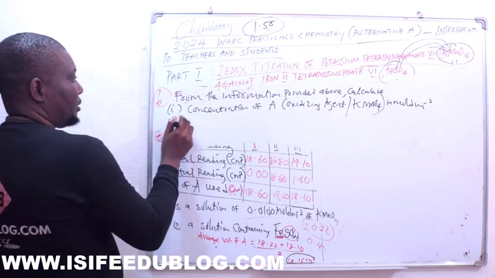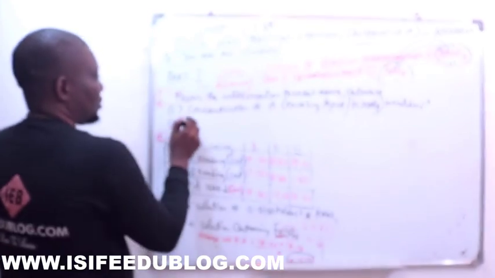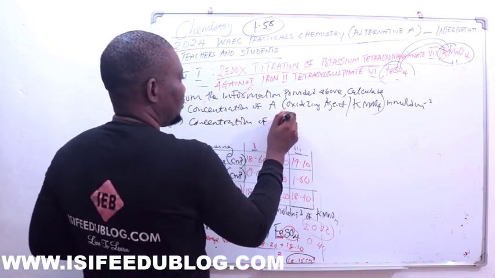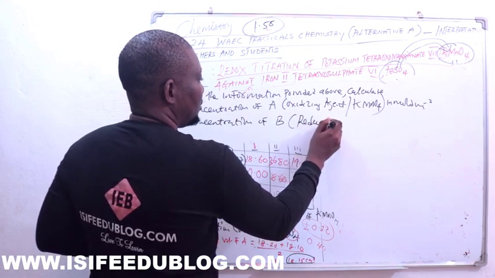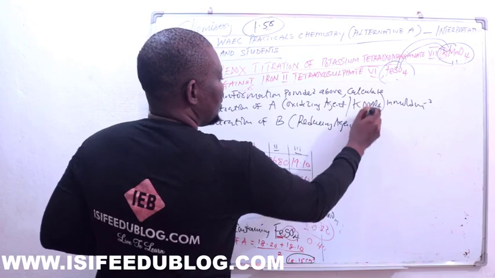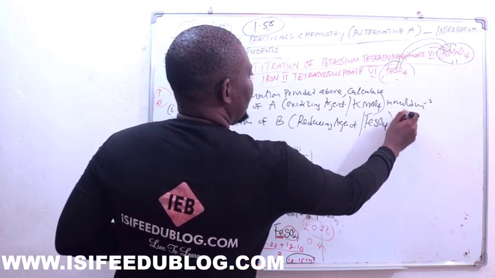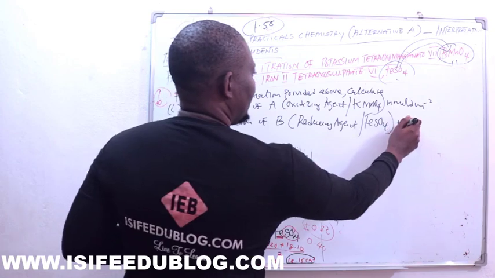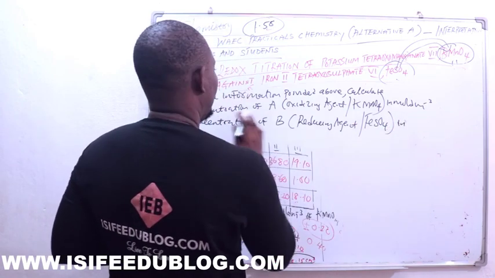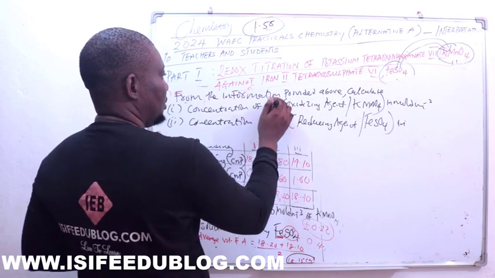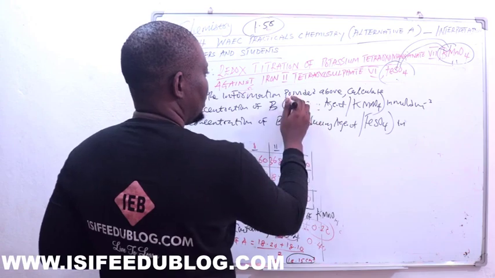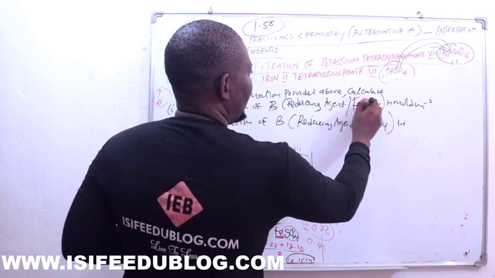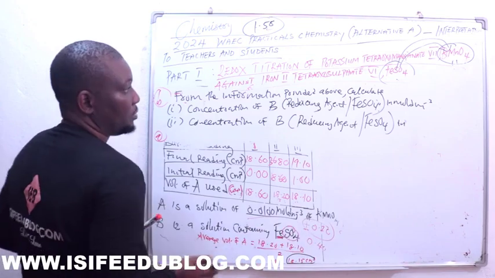Another one: concentration of B, which is the reducing agent, FeSO4, in gram per dm cubed. Sorry, there's a mix-up, so A is already given, so this is going to be B, so we're changing this to reducing agent, FeSO4.